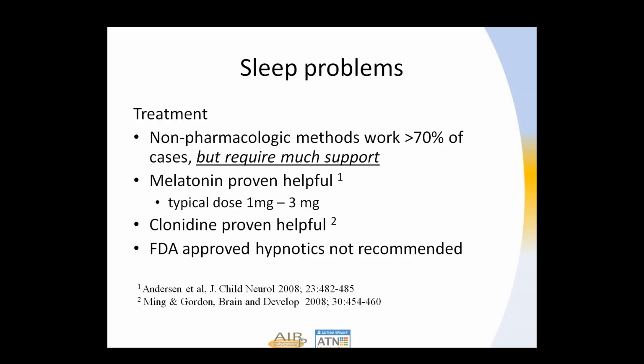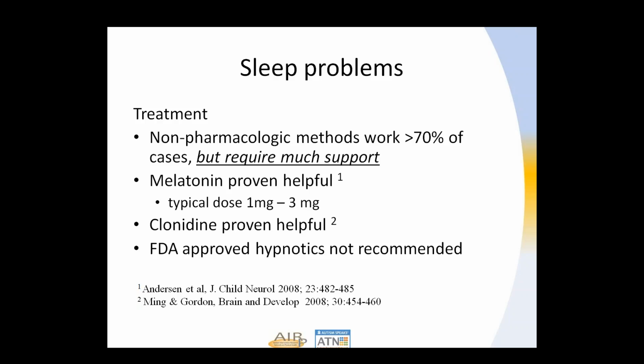What we've also found is that families require a lot of support in using these methods. Many parents report problems with getting their toddlers to fall asleep, and using behavioral methods and what is called good sleep hygiene, a good bedtime routine that is designed to help people wind down, relax, and fall asleep.